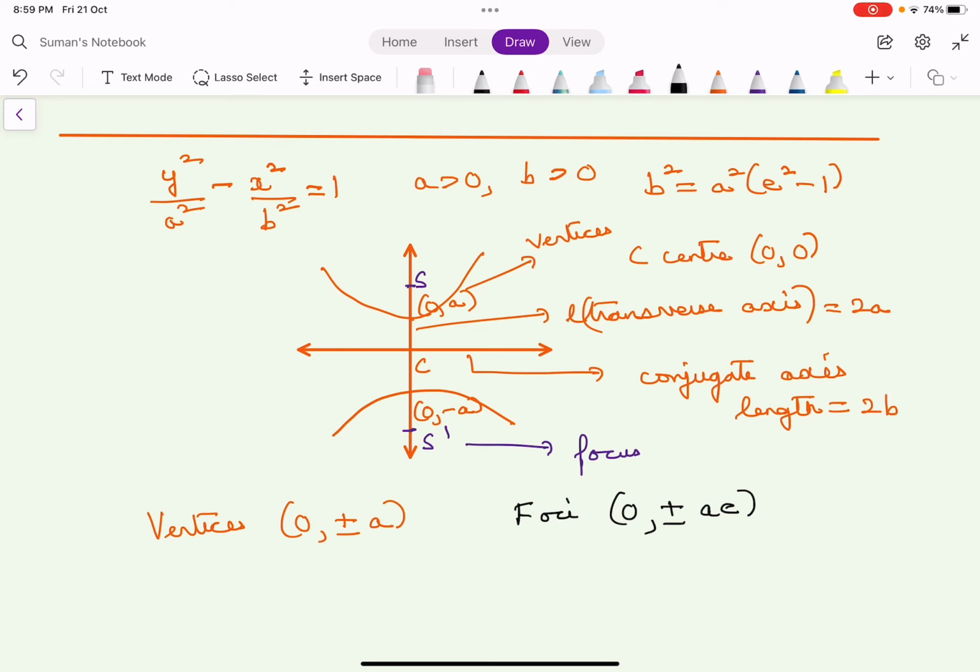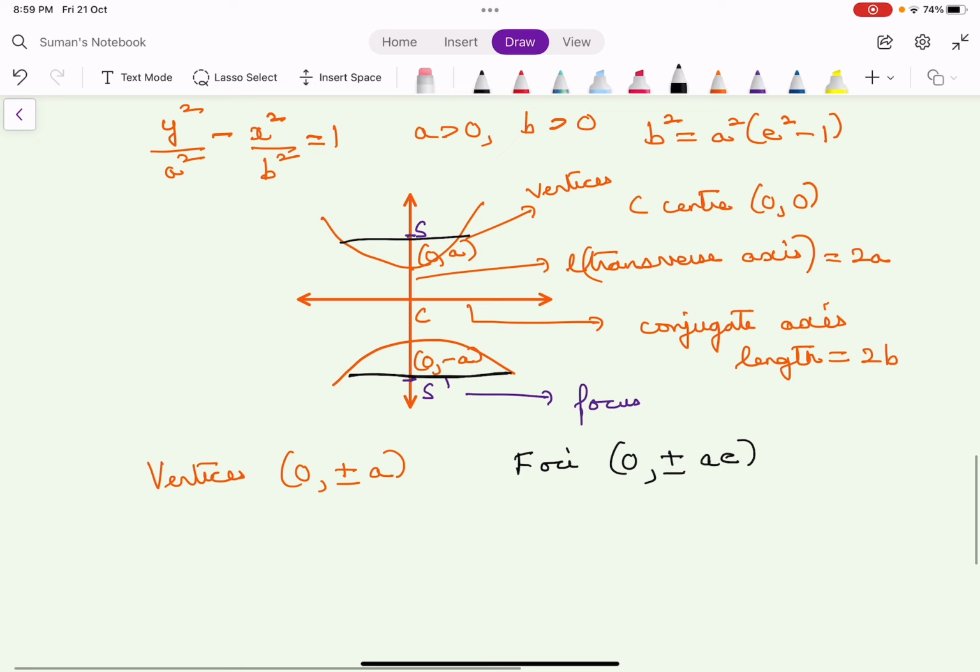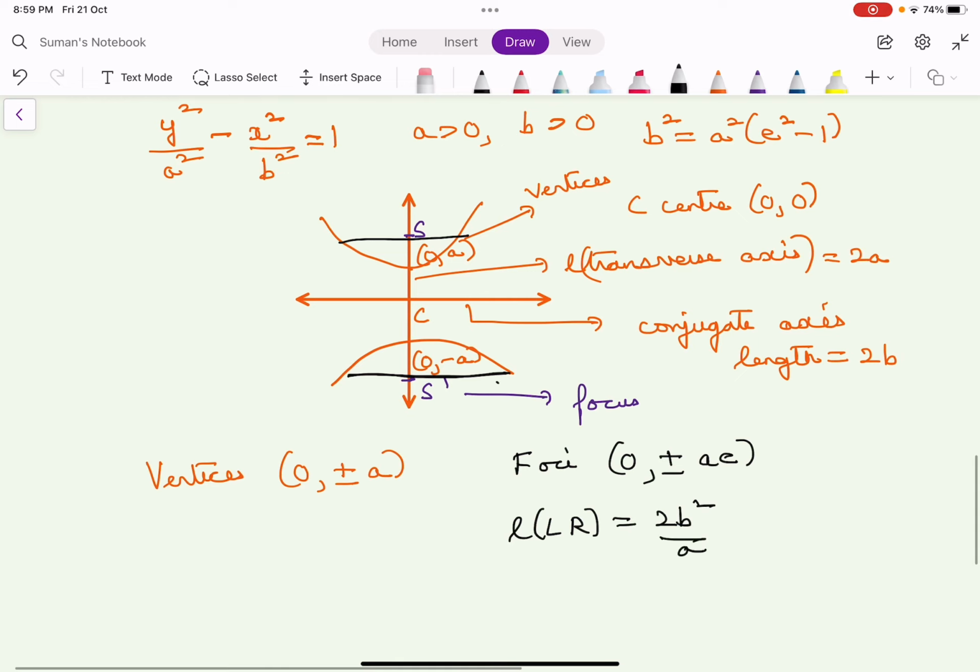Then the latus rectum will be a line passing through the focus and perpendicular to the axis, in both the cases a straight line, and the length of the latus rectum is given by 2b squared by a. That is the same in both the cases. So this is the latus rectum, one at the top and one at the bottom.